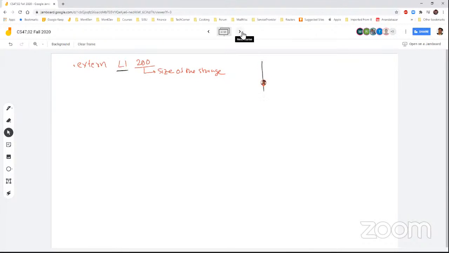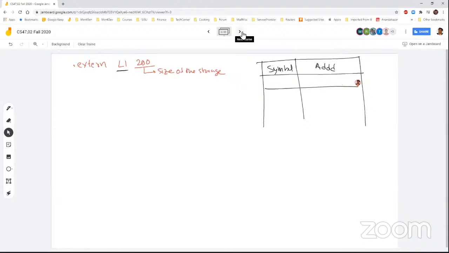Okay, so basically your symbol table will have this L1, some address, we don't know, and it will be marked as a global at that point, whereas this thing like L2 .byte, you are initializing it 1, 2, let's say, and you are making .global L2. So what does it mean?